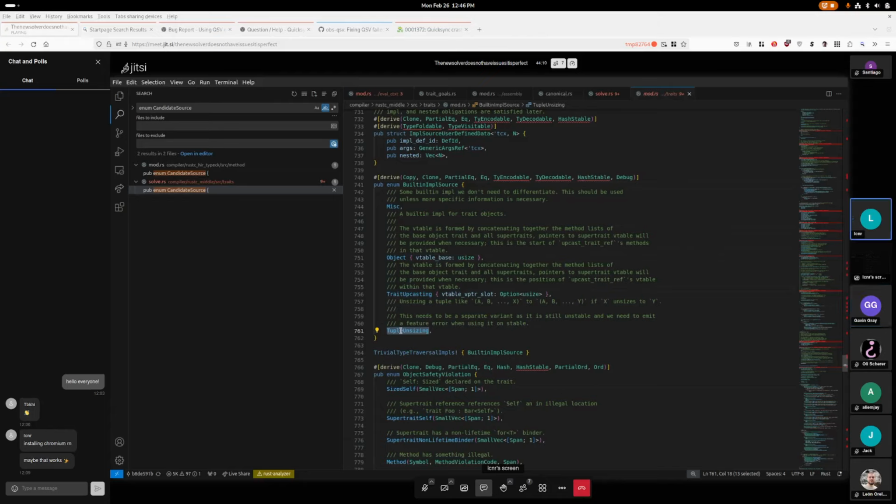So originally, we didn't want to have these impl sources at all, because in the old solver, depending on the exact impl source, we do a lot of weird special casing. Like if we have a built-in impl of that kind and a built-in impl of that kind, which one we drop is kind of arbitrary.